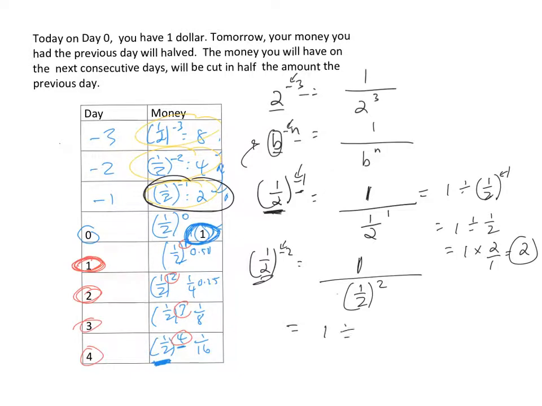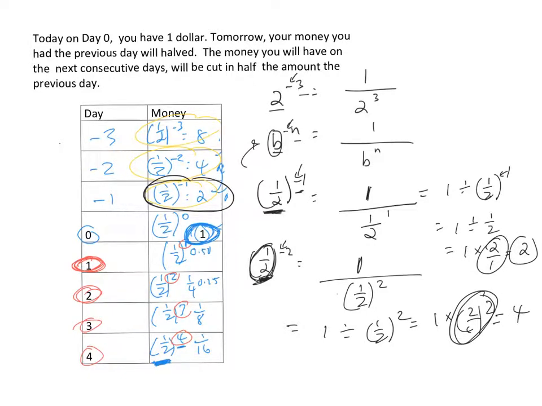You end up getting 1 divided by 1 over 2 squared, and that gives you 1 times 2 over 1 squared, which gives you 4. What's interesting is, if you take the reciprocal of a fraction, let's focus on 1/2. What's the reciprocal of 1/2? Instead of 1 over 2, it becomes 2 over 1. So notice in both cases, they actually flip.